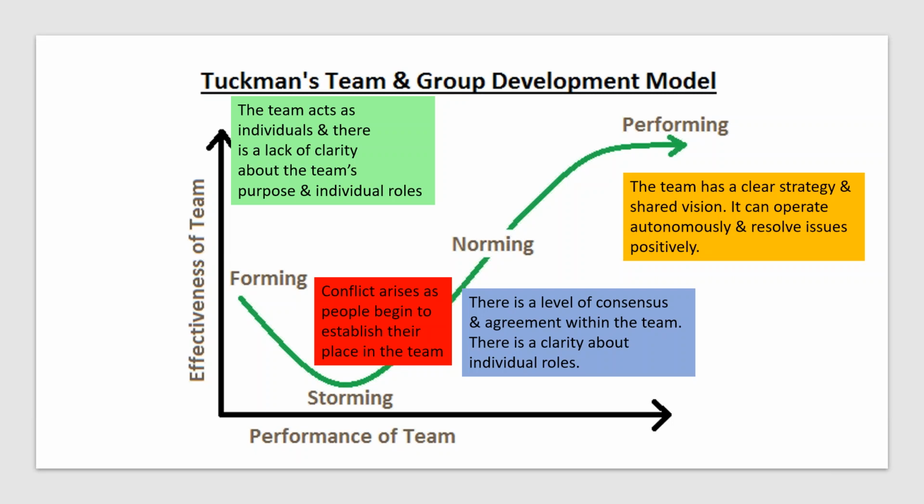So what that means is that your role as a team leader is still important, and often it's misunderstood because you've got a different set of responsibilities in the performing stage. But ultimately the team can run itself. So if you were away for a week or something, the team that's at that fourth stage is just clicking along nicely, getting the things that they need done. So it operates autonomously and it resolves issues in a reasonably positive way.